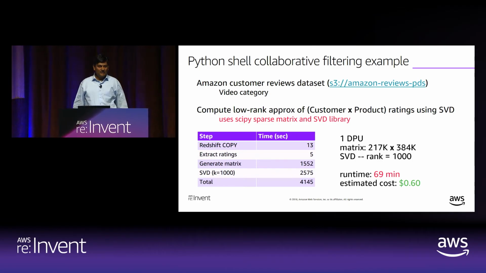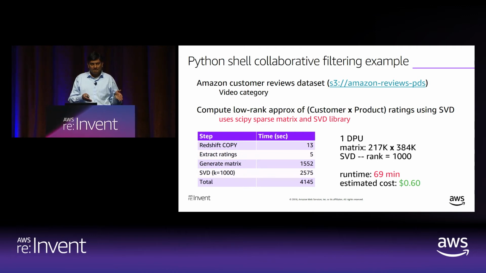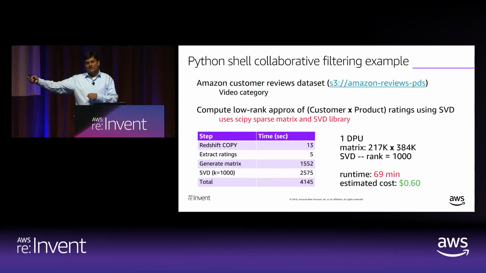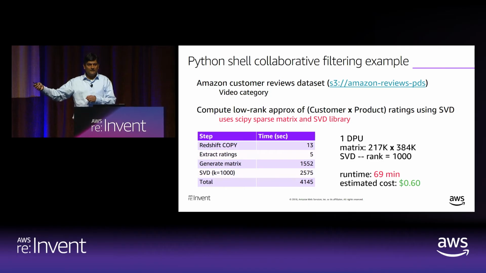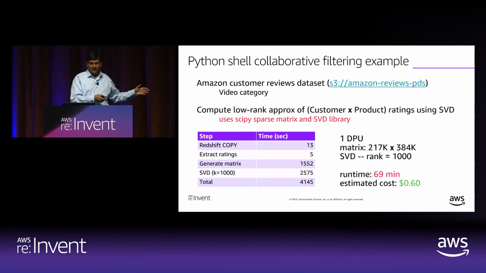A common way to do that is to take that matrix and create a low-dimensional or low-rank approximation of that matrix, and then use that approximation to predict what a new customer might want to see from the product list that you have. The important point here is not the machine learning and the transforms, the SVD is the transform that does that, singular value decomposition.